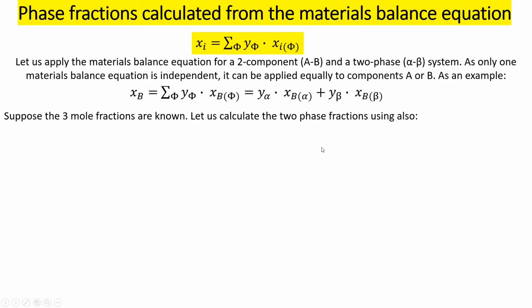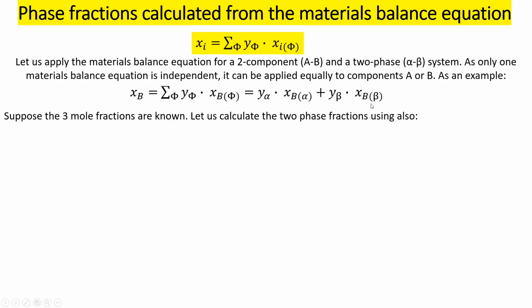And now let me suppose that the three x's are known. What I mean? Suppose I know xb, which is the average mole fraction of component B in the system. Of course I know it because it is given, because it is the initial state parameter decided by the engineer. So this is easy to know. Well, I also suppose that I know the equilibrium mole fraction of B in phase alpha and the same in phase beta.